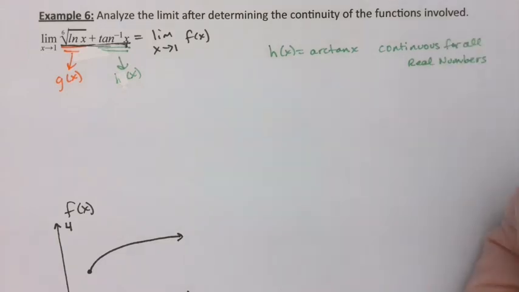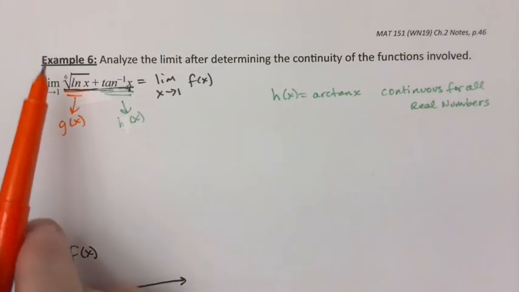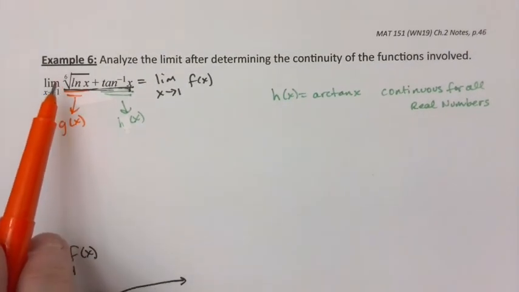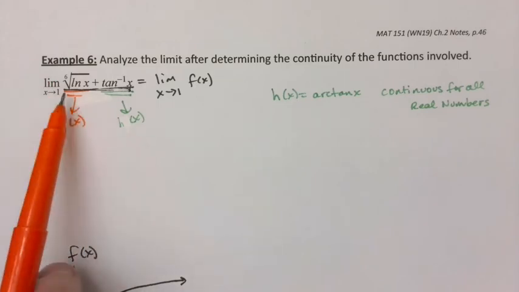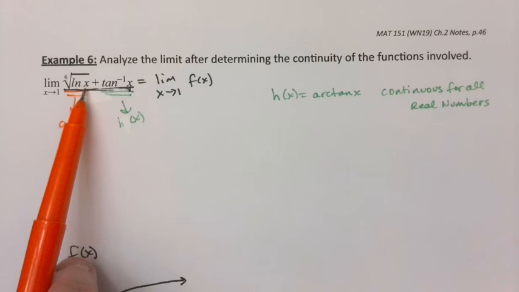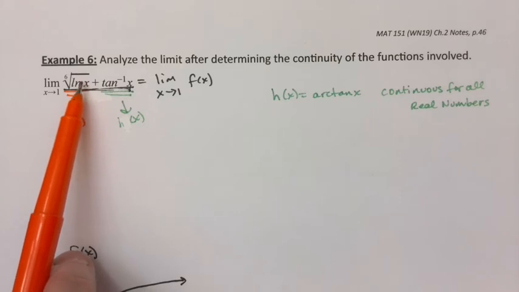But I also need the natural log to be greater than 0 because of the 6th root part, the fact that this is an even root. So 0 and below would be bad because I can't take the log of 0 or anything less than that.